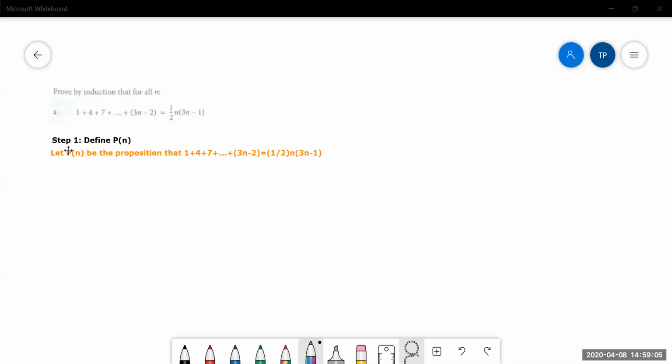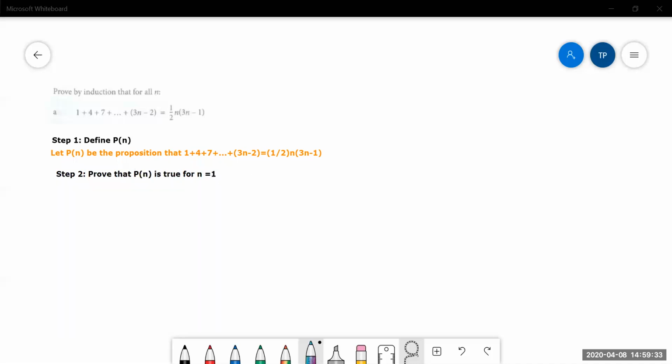Okay, then step 2. What is step 2? Step 2 will be let n equal to 1. Yes. Step 2, prove that Pn is true for n equals 1.